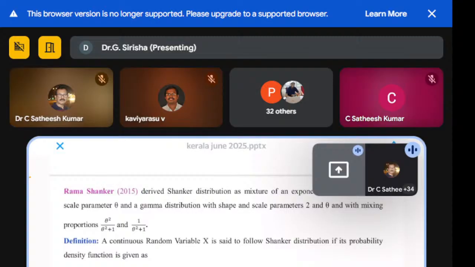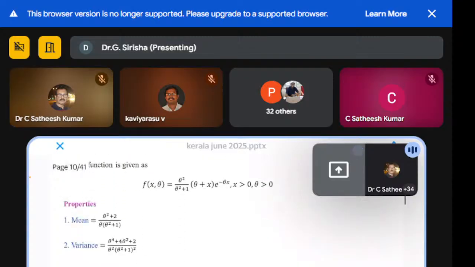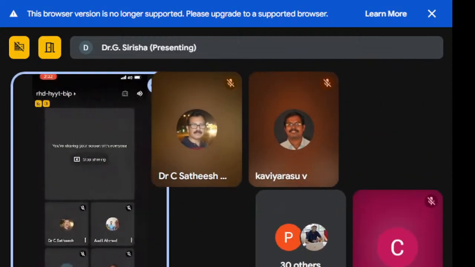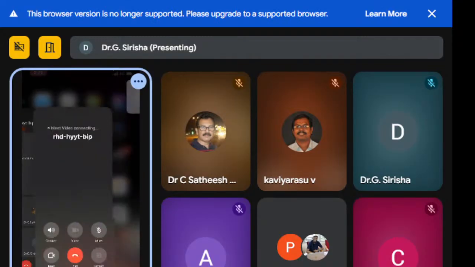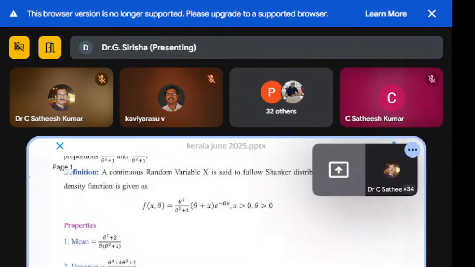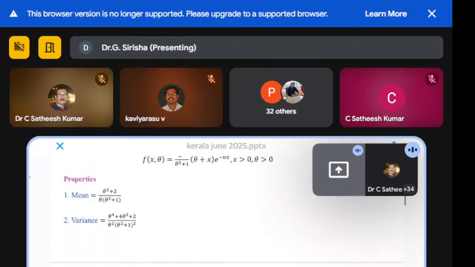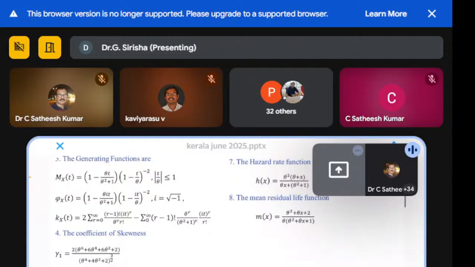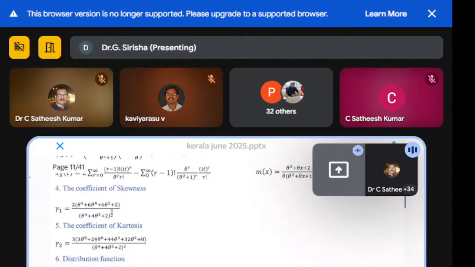Fixed proportions are varying over here, and the density they have obtained in this way. They have derived the properties: the mean is (theta square plus 2) by theta into (theta square plus 1). Likewise, they have derived variance, generating functions, hazard rate, mean residual life, coefficient of skewness, kurtosis, and distribution function.